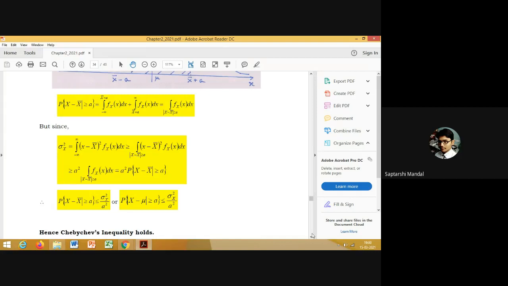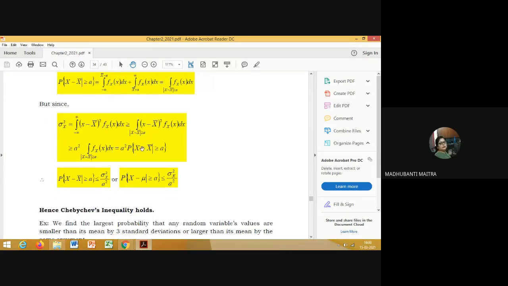Yes, ma'am. So the probability that mod x minus x bar, that means this deviation, will be greater than or equal to a, is certainly less than or equal to sigma x square by a square.